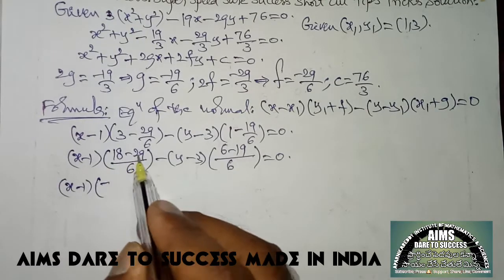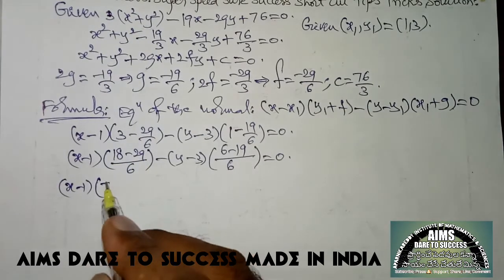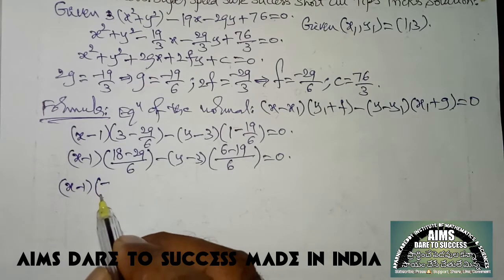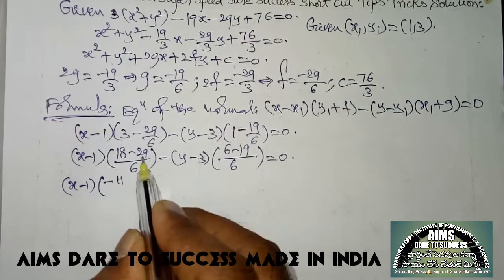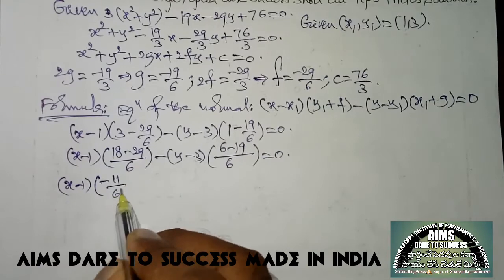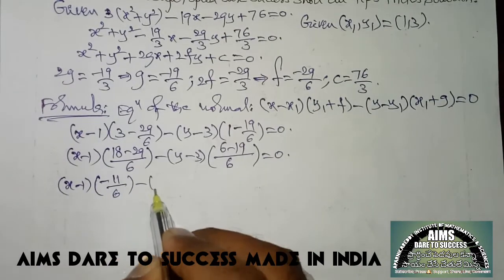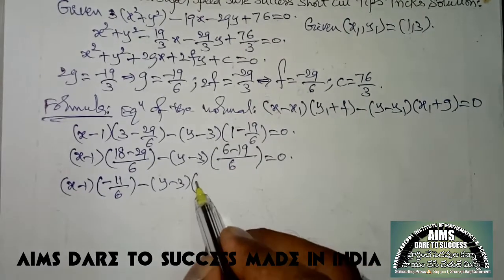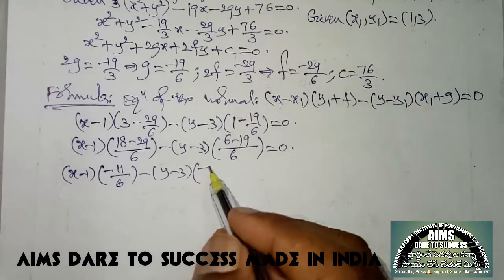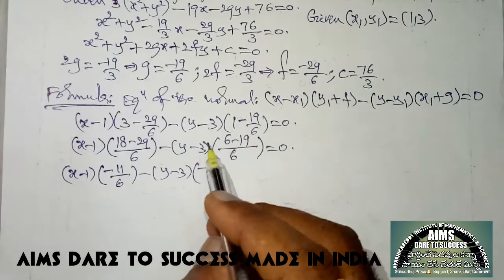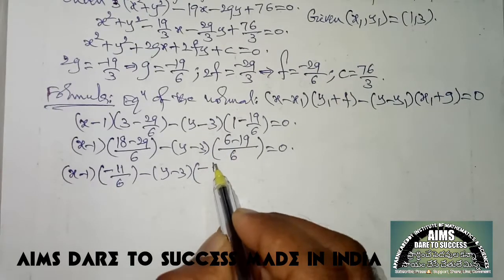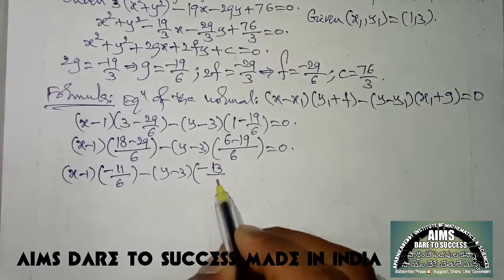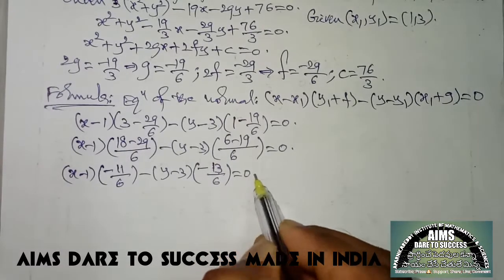So 18 minus 29, 29 minus 18 is 11. So 18 minus 29 is minus 11 by 6, and minus y minus 3 into 6 minus 19. Here also small number minus big number is minus symbol. Next 19 minus 6 is 13. So 6 minus 19 is minus 13 by 6 is equal to 0.